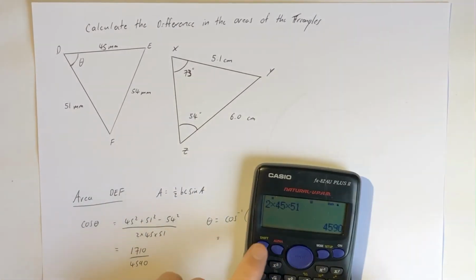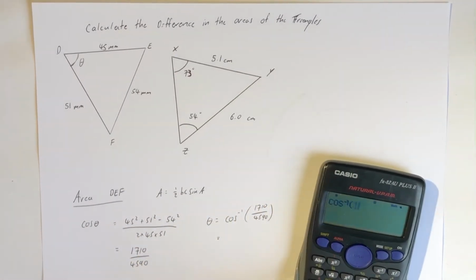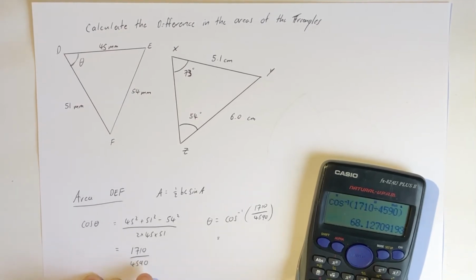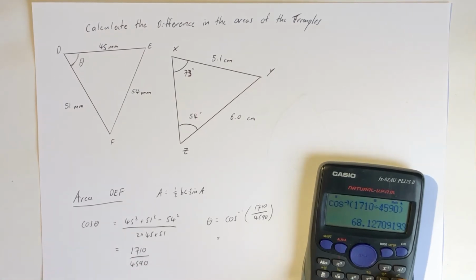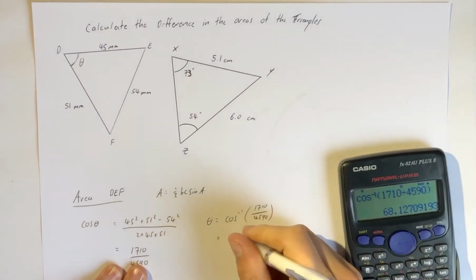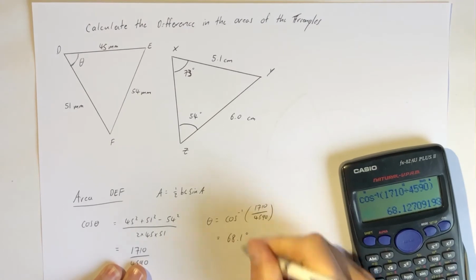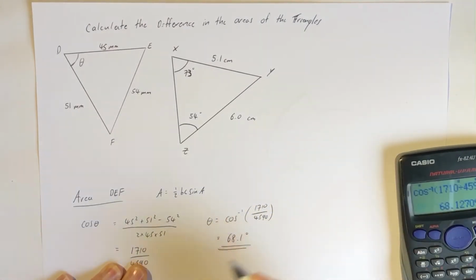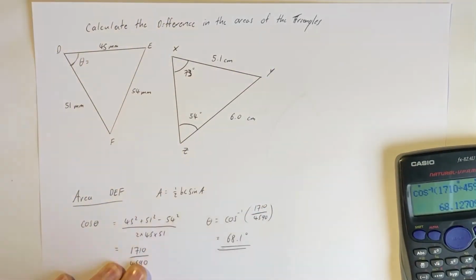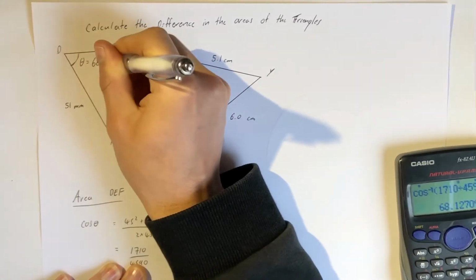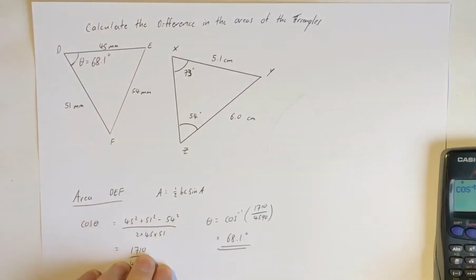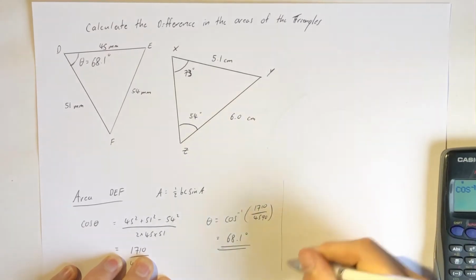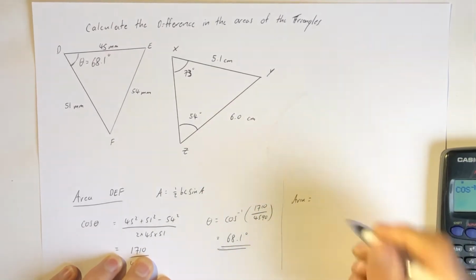So shift cosine, and I'm going to plug that fraction in. 1710 divided by 4590 and 68.1 degrees. Okay, that is that angle there, 68.1 degrees.